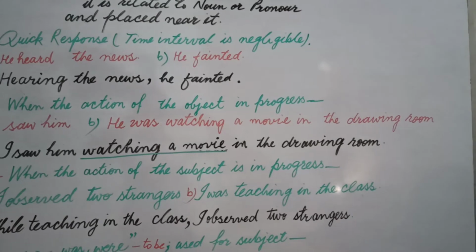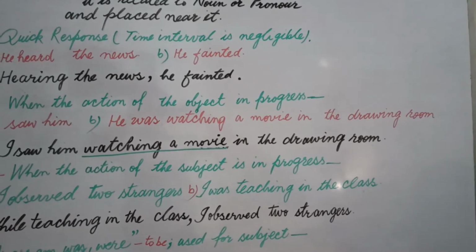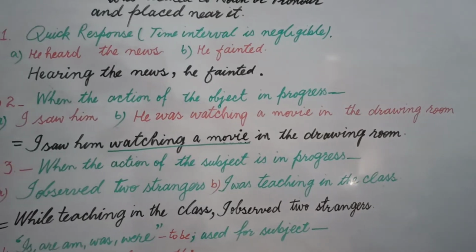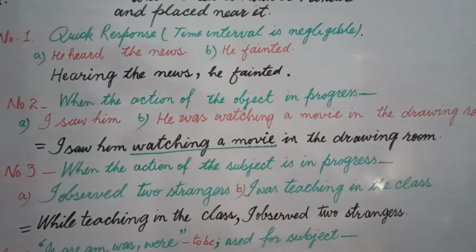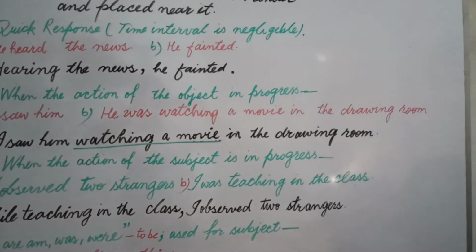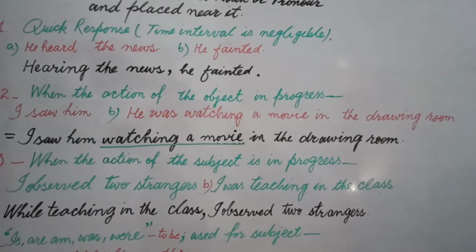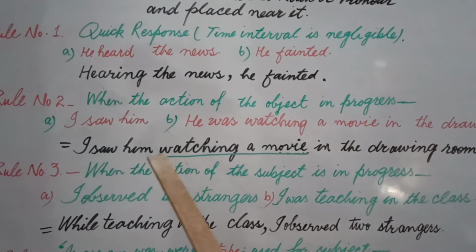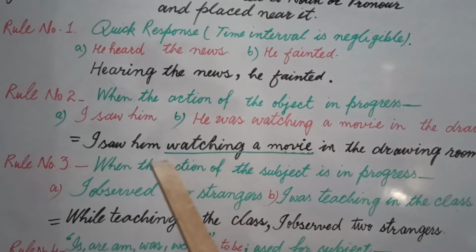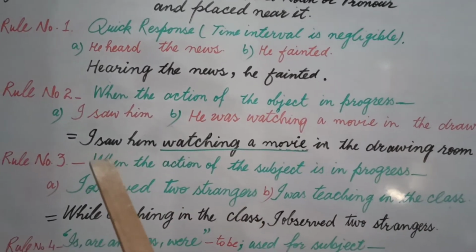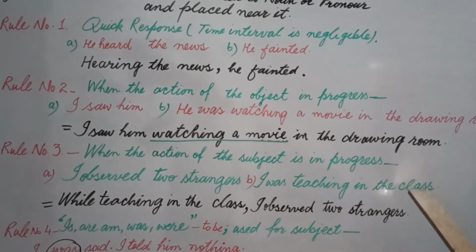Now we have to see whether the subject of the progressive tense, he, is related to the subject or object of the non-progressive tense. He was watching a movie. The subject he is related to him. So this ing form will be placed near him. I wrote, I saw him watching a movie in the drawing room.